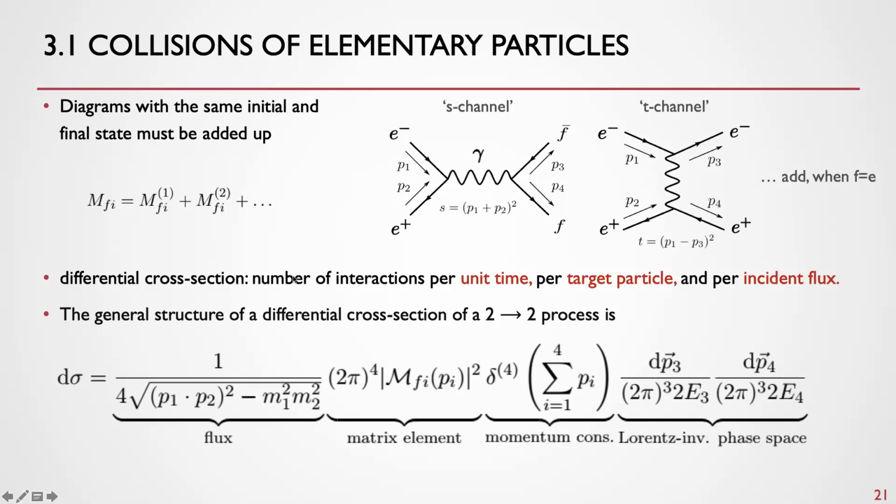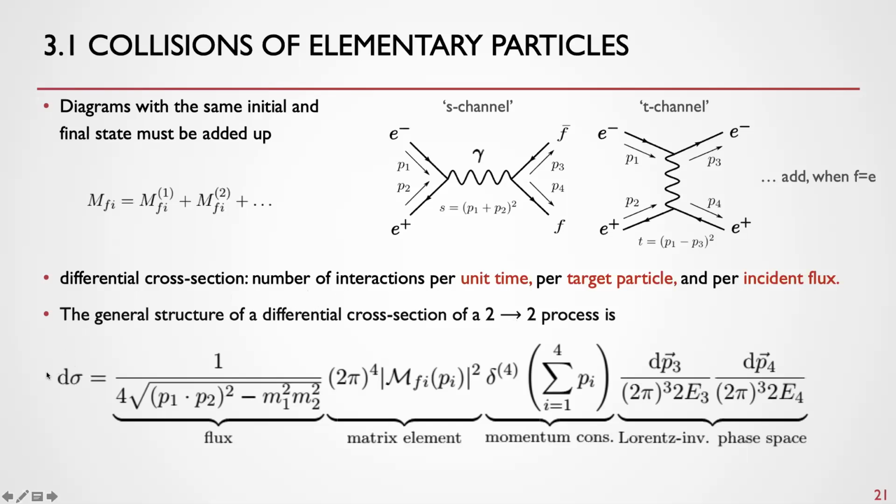So the differential cross-section is the number of interactions per unit time per target particle in this definition, and per incident flux.